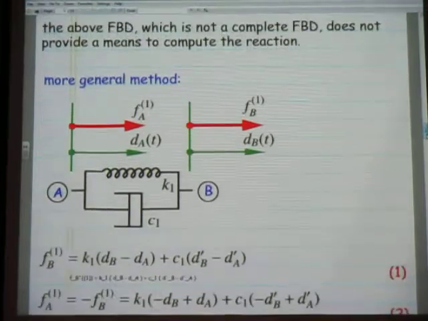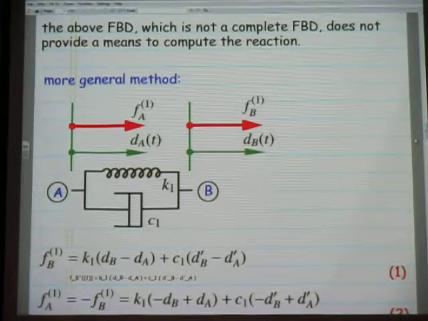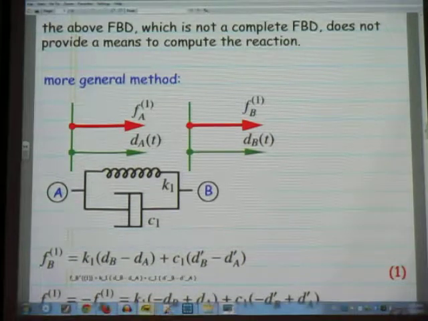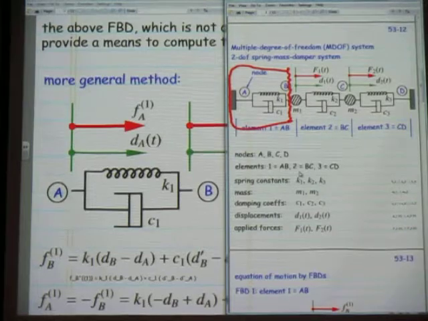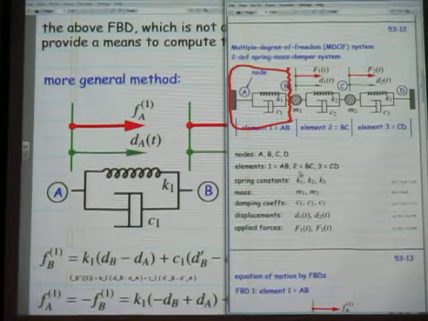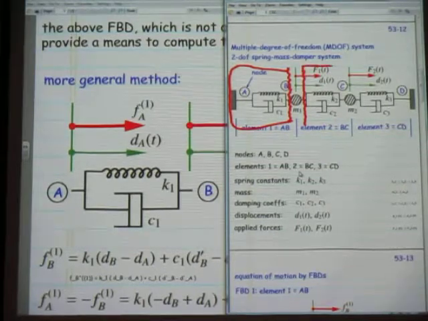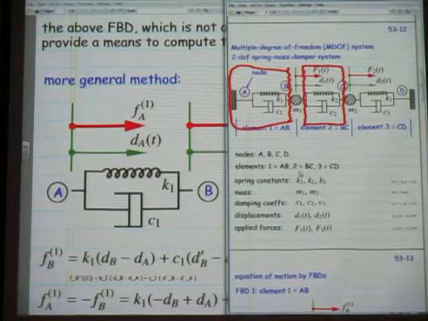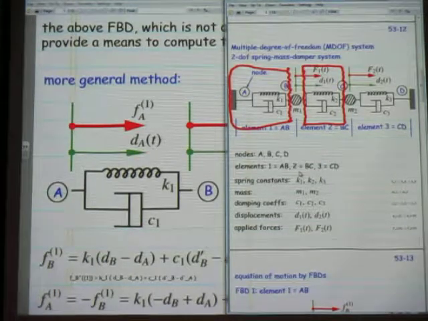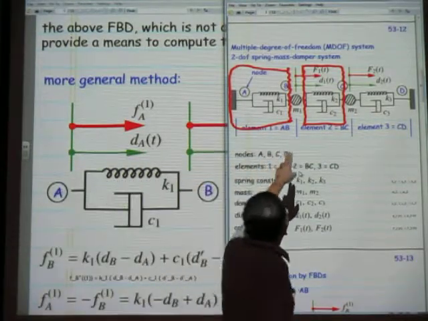Okay, so we look at the second free body diagram, and let me bring this up. The second cut would be like this, where you isolate the mass.